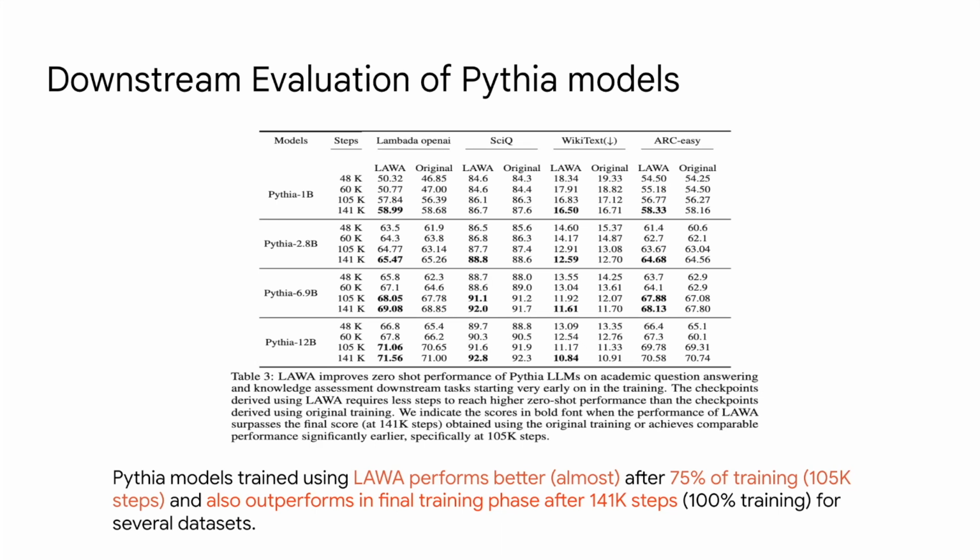We have a clear win, as well as at the intermediate step. Let's say we stopped at 75%, which is like the 105K step. We also have a clear edge over the original pre-training run, and we don't lose anything. So we are not losing anything with this.